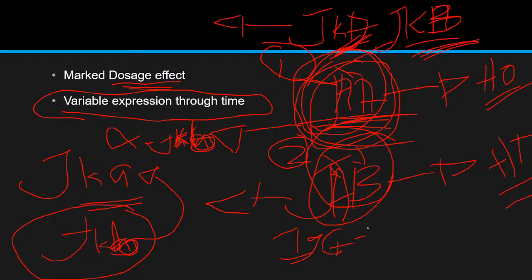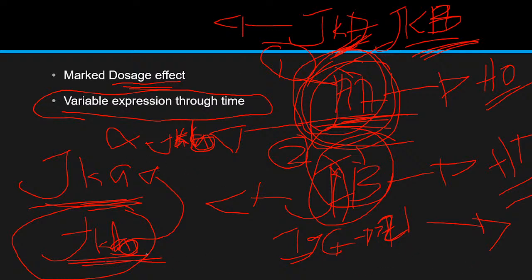What's the half-life of IgGs? Usually more than 21 days. And as time moves forward beyond 24 days, the reactivity will not be as strong. The expression will not be as strong of anti-JKB.